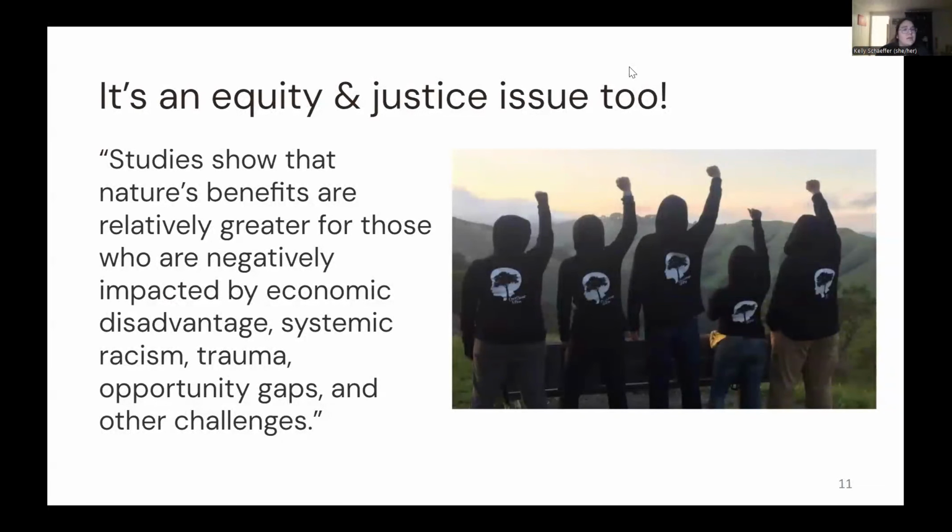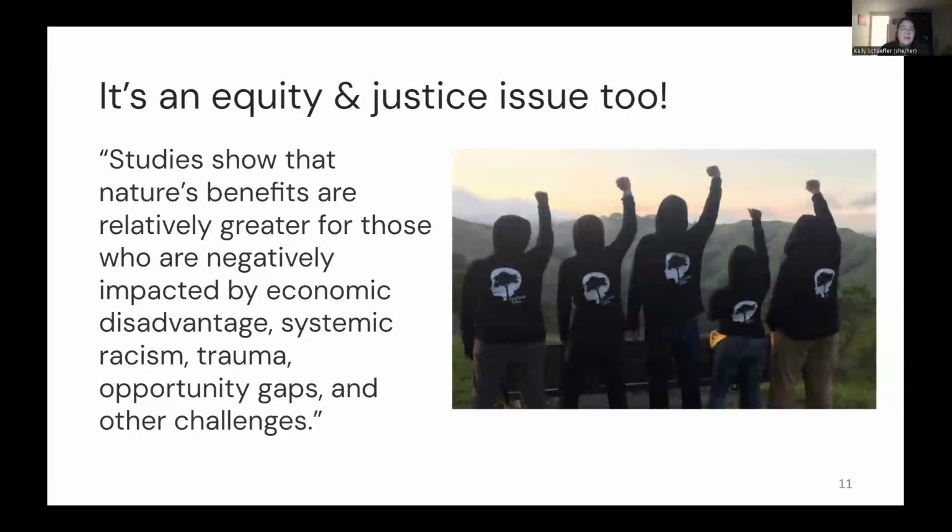And one of the things I like to bring up is that it's also an equity and justice issue. There was this really great paper that came out shortly after the pandemic that was looking at the benefits of spending time outdoors for folks that don't always have access to the outdoors. There are a lot of studies that show that nature's benefits are relatively greater for those who are negatively impacted by economic disadvantage, systemic racism, trauma, opportunity gaps, and other challenges.